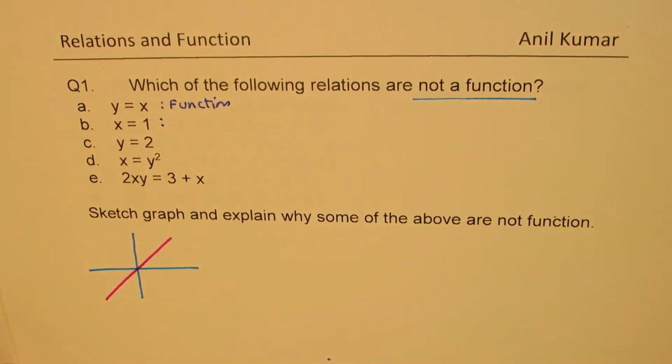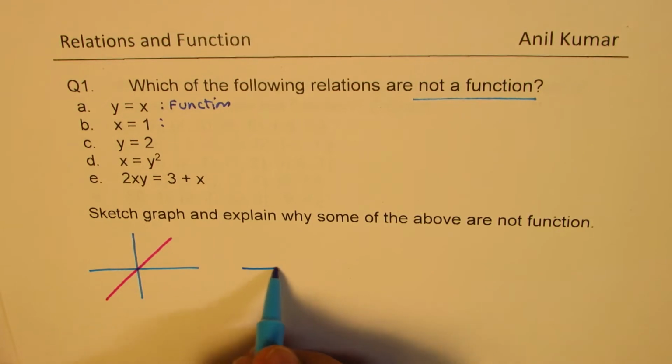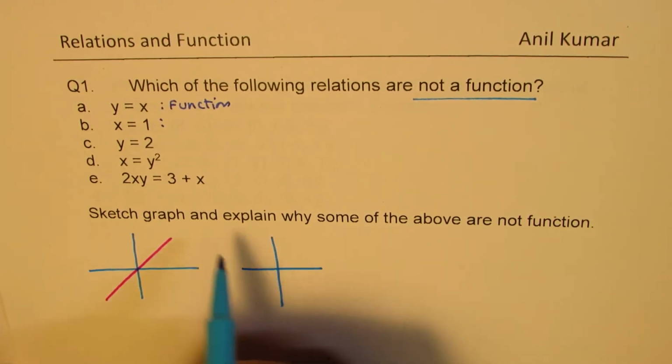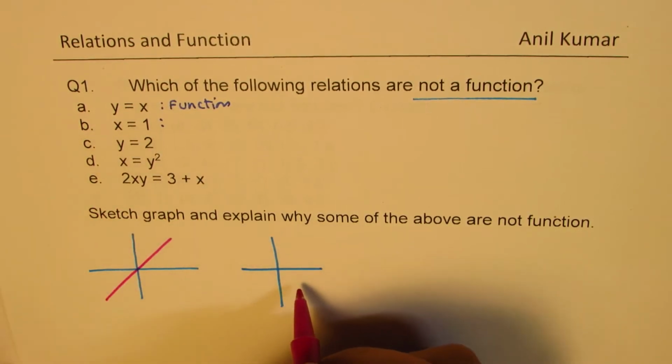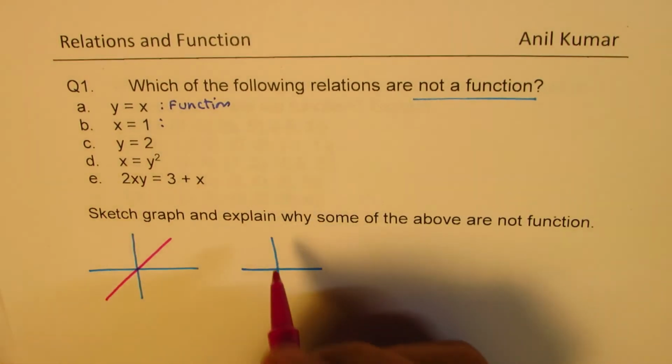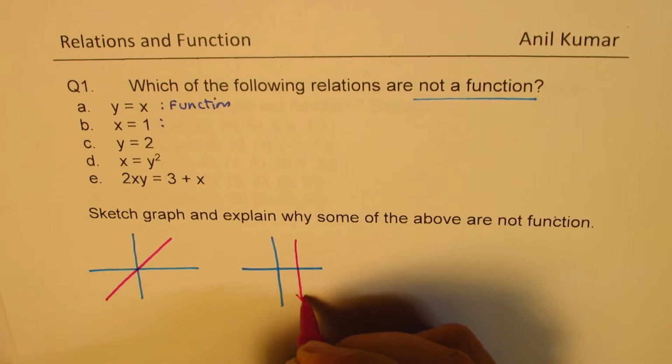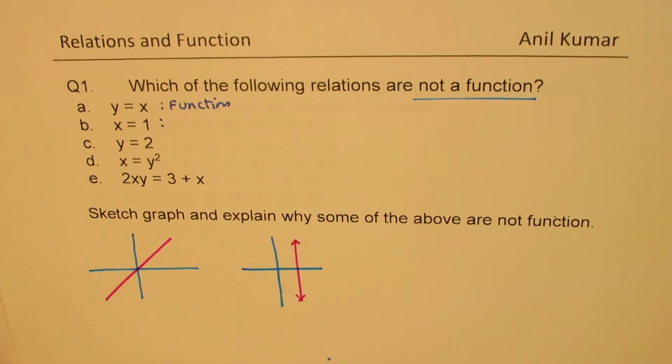Second, we have x equals 1. So when I say x equals 1, that really means that for all values of y, the x value is just 1, right? So it is a line which is kind of like this. The first one was the graph of y equals x, and this is the graph of x equals 1, okay?